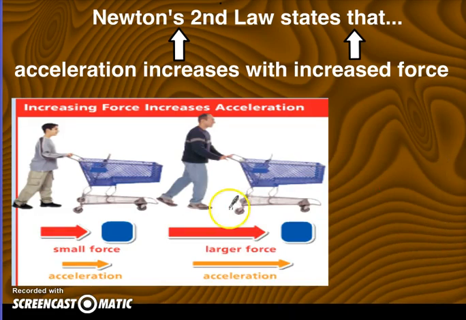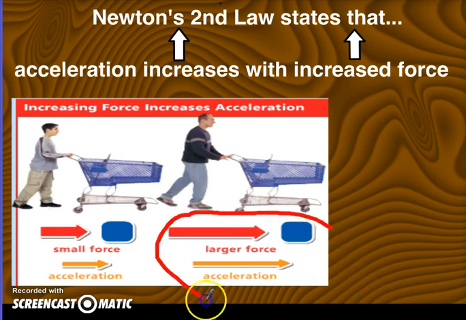So let's consider that you have the same mass objects, but you have different forces acting on them. This man is putting a larger force on the shopping cart than this boy. Therefore, he will have a greater acceleration because he has a greater force. Newton said that acceleration increases when there is increased force.